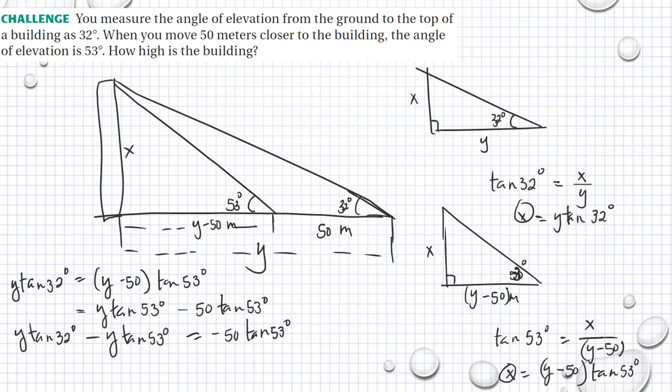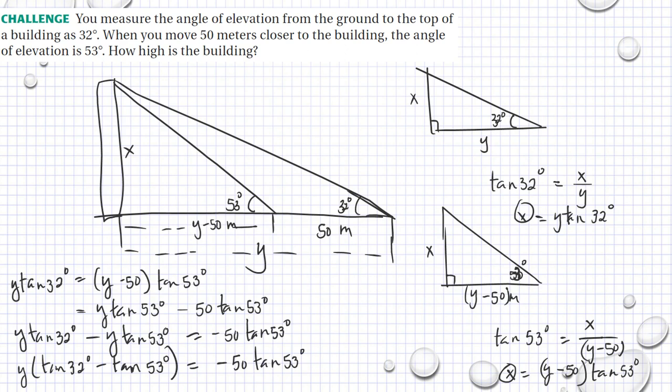Then common factor y: y times tangent 32 degrees minus tangent 53 degrees is equal to negative 50 tangent 53 degrees.